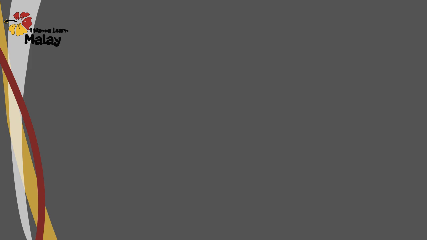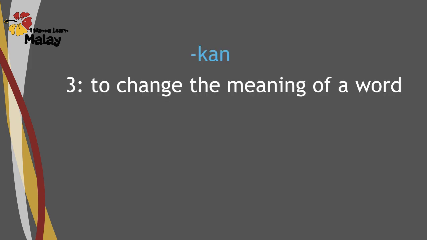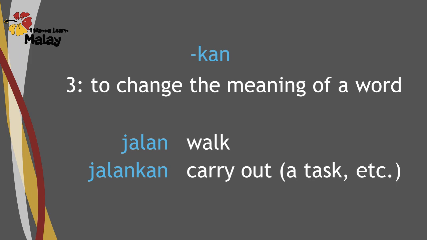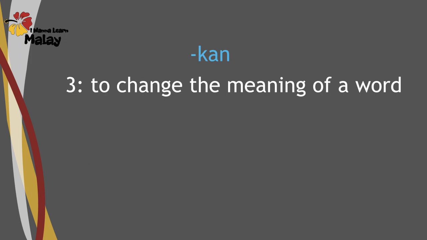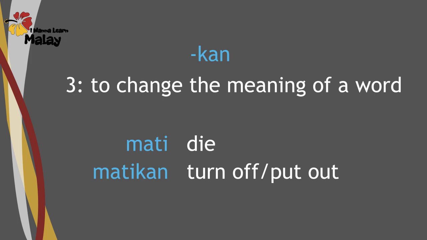At times, the addition of kan at the back of a verb changes the meaning of the word itself. For example, the verb jalan is to walk, but jalankan is to carry out or to perform a duty or a task. Mati is to die, but matikan is to turn off something, like a light switch, or to put out a fire.